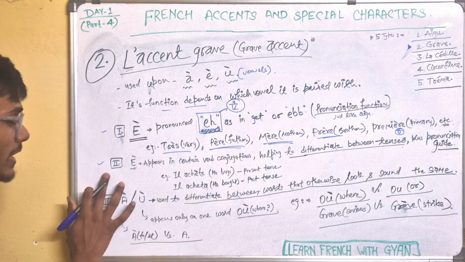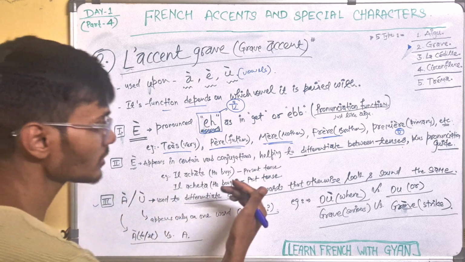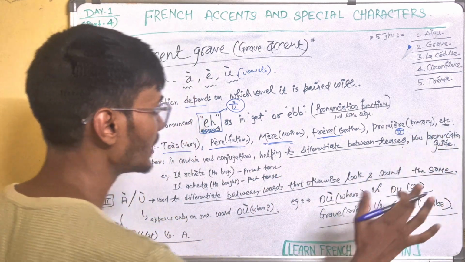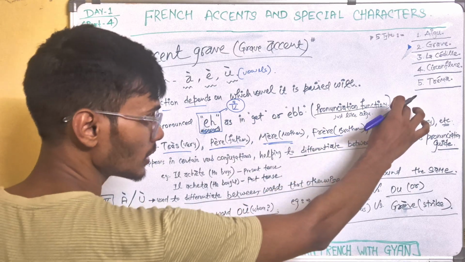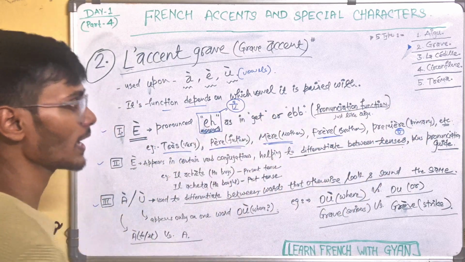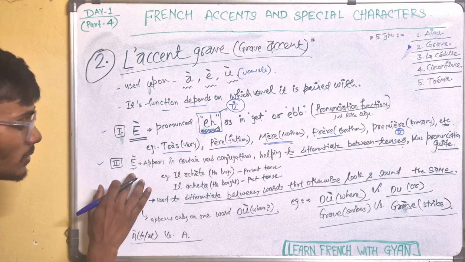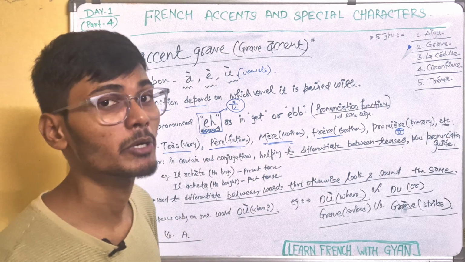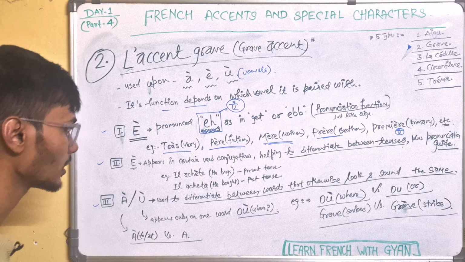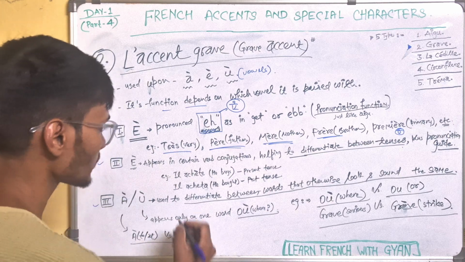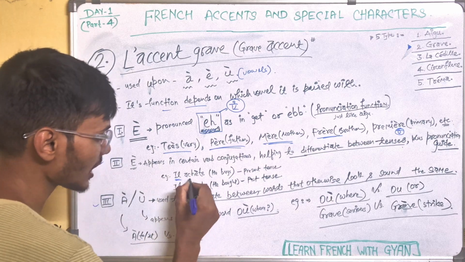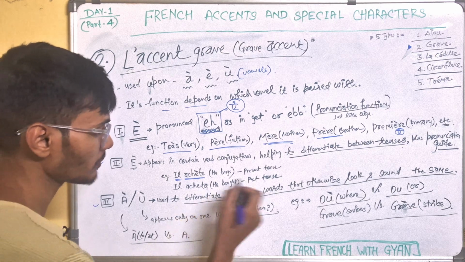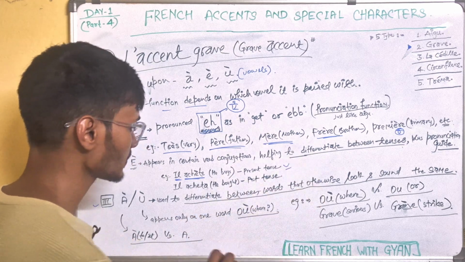Now the second case: the function to differentiate between tenses as well as give a pronunciation guide. The first was only a pronunciation guide for this sound, and the second functionality is that we can differentiate between the tenses. So let's see how this works. In this example, il achète, he buys, is the present tense and this phrase is correct.